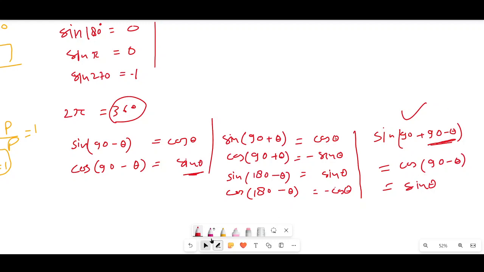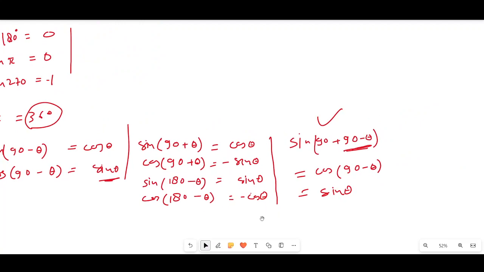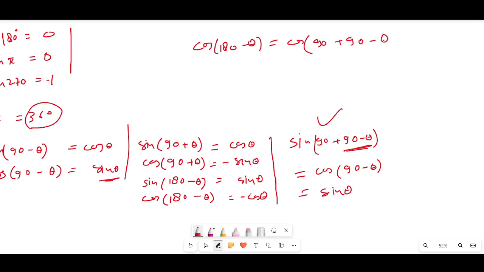Now in the same manner, how can you find out the value of cos 180 minus theta? We can write the same thing, 90 plus 90 minus theta, and consider 90 minus theta as big theta.